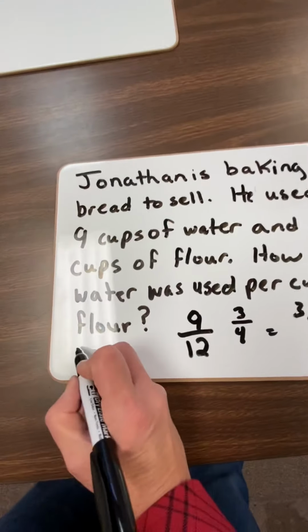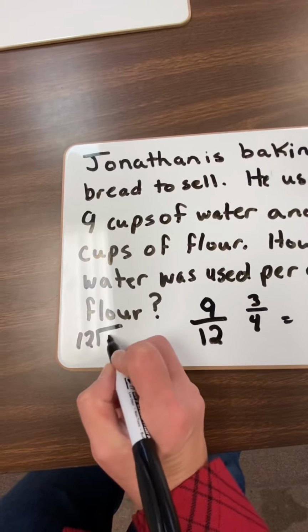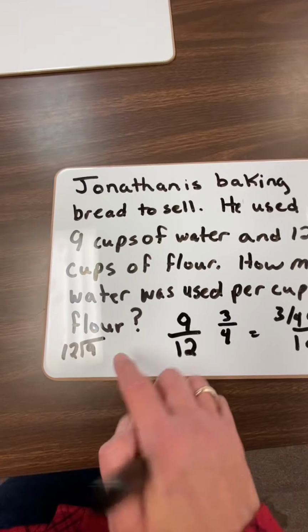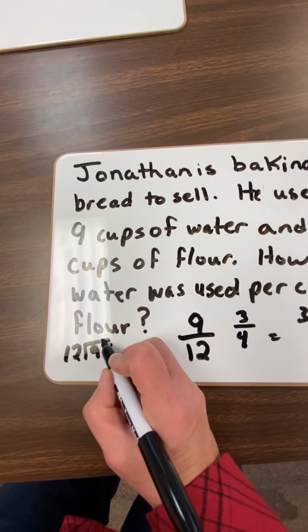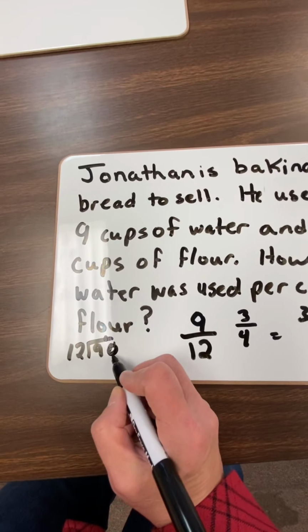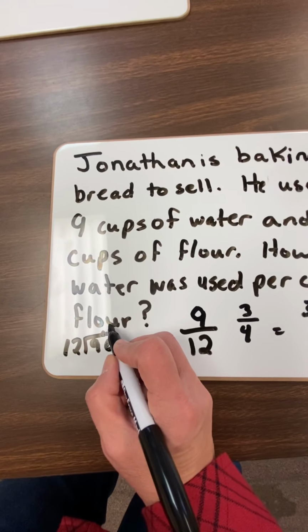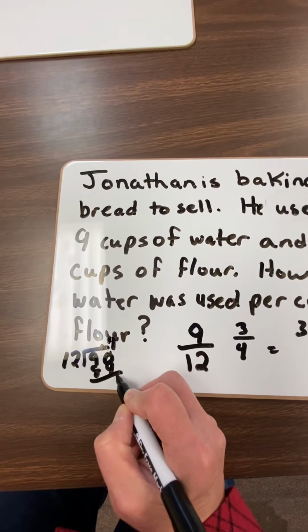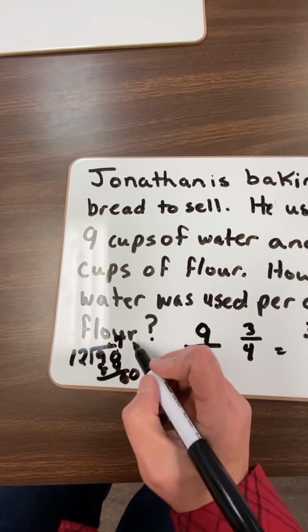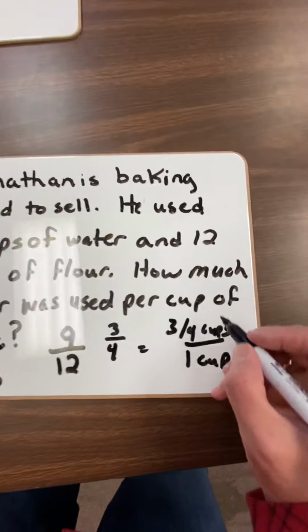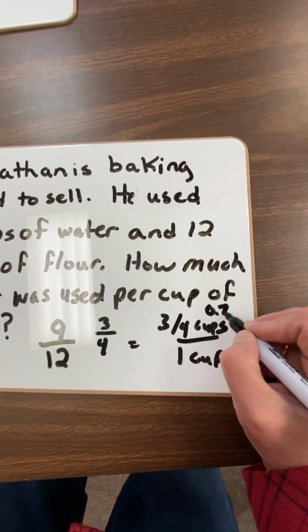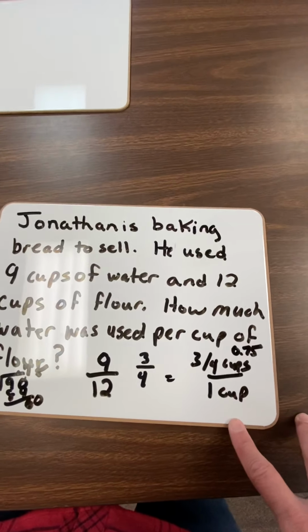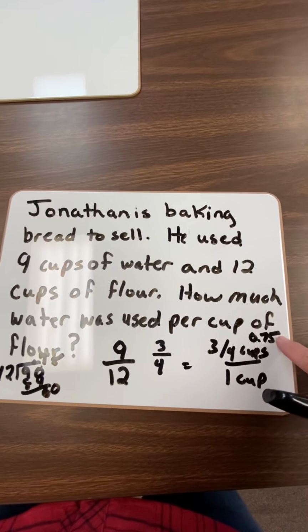Or you could divide 12 into 9. 12 can't go into 9, so put your 0. 12 goes into 90 7 times, which is 84. So put a 0. 12 goes into 60 5 times. So you could have 75 hundredths cups of water to 1 cup of flour. 3/4 and 75 hundredths are equivalent.